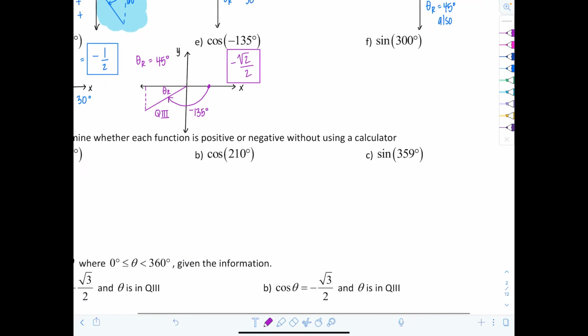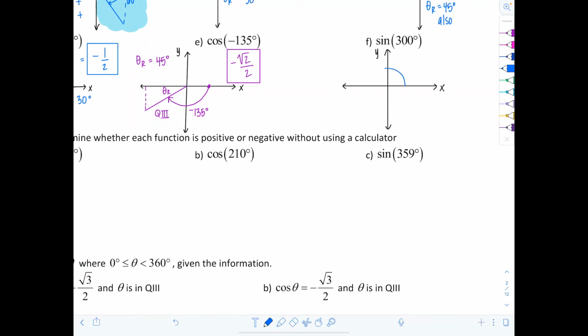We have sine of 300 degrees. Okay, so this angle's positive, which means it's going to be swept out in the counterclockwise direction. XY axis, and here we go. So that's 180, 270, keep going, there's 300. What's the reference angle?